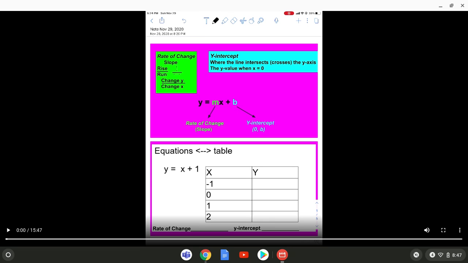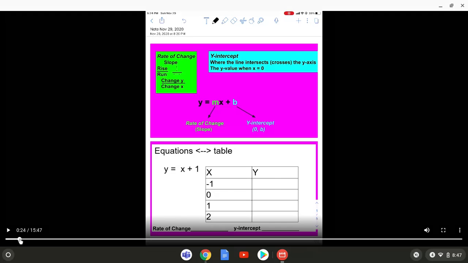When you have x equal to 0, whatever you get as your output for that is your y-intercept, okay? So remember, when you write an equation, your coefficient or the m is going to be your rate of change or slope. Those can be used interchangeably. And your constant is going to be your y-intercept, or that number that's next to 0 in a table.